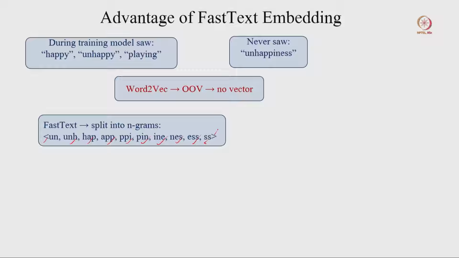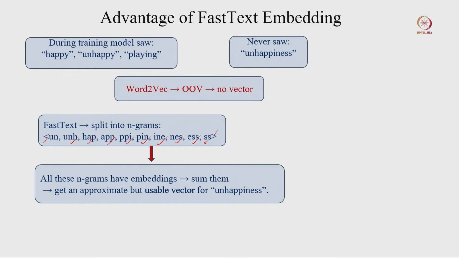As we split the word into these small n-grams, all these n-grams have embeddings, and then we sum them to get an approximate but usable vector for unhappiness, because unhappiness is somewhere coming here.